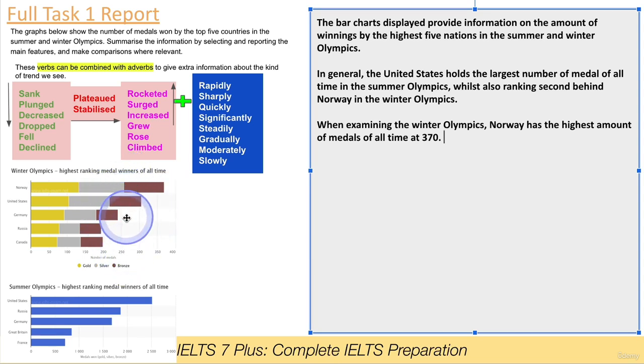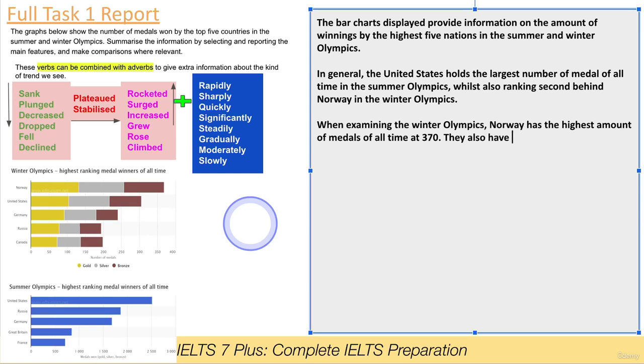Okay, so we can also maybe talk about that they have the highest amount of gold medals as well at 120, 130. Or 130.